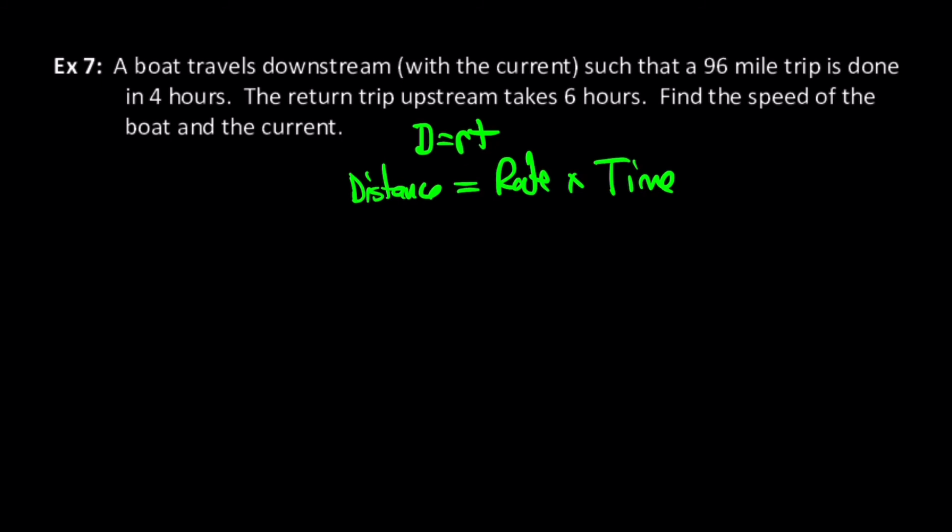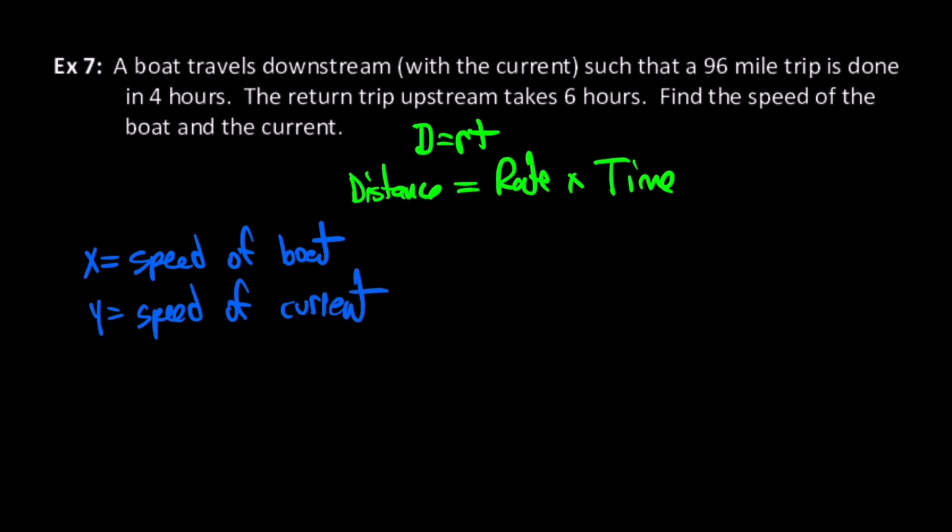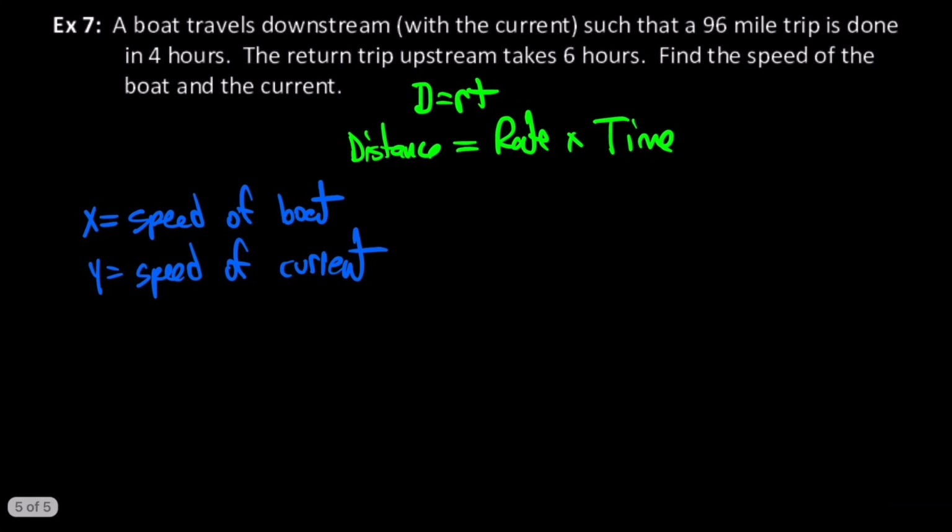So we've got two variables here, speed of the boat and speed of the current. So I'll say x equals speed of the boat, and y equals speed of the current. Now, normally I don't write all this out, do this diagram, but for the sake of notes and because it's the first example, we need to kind of get an illustration.